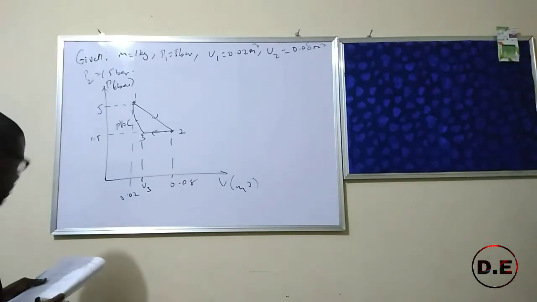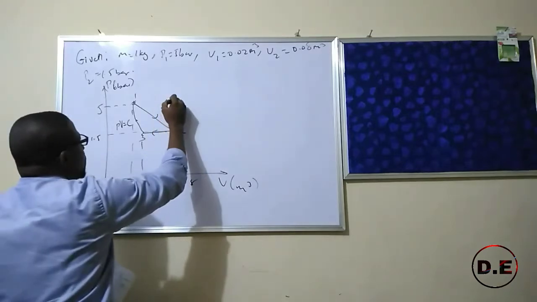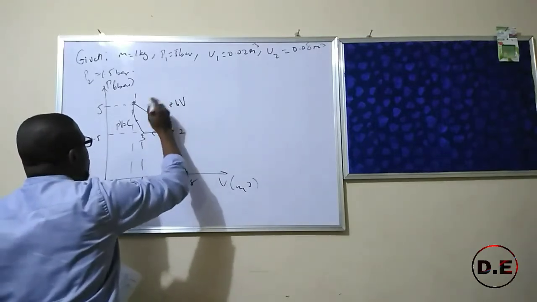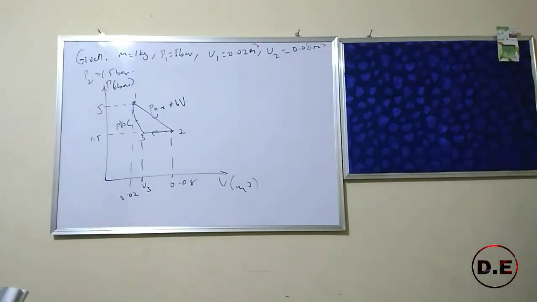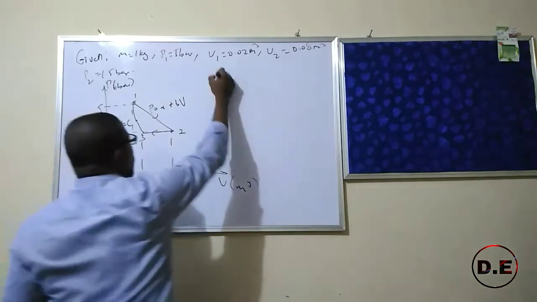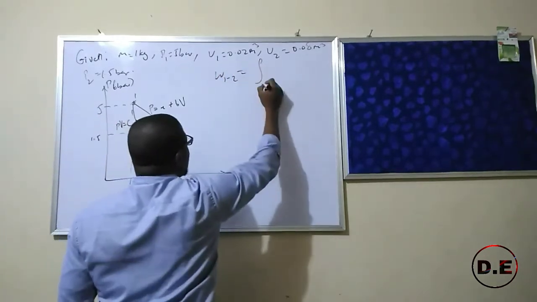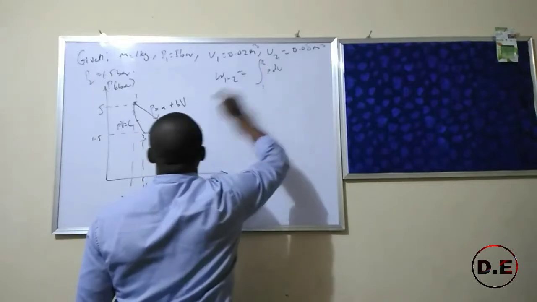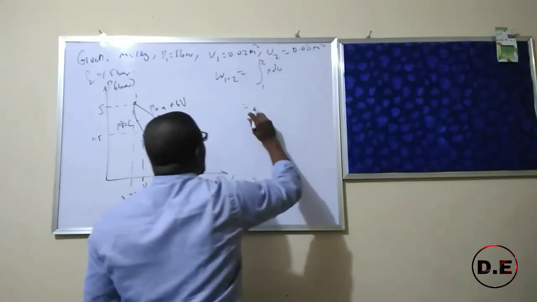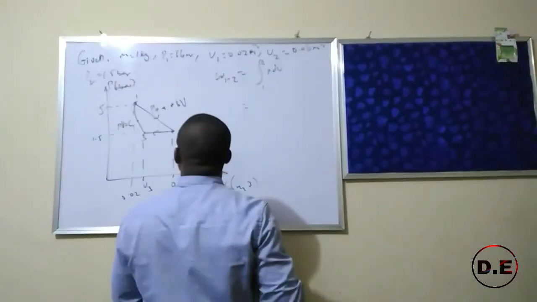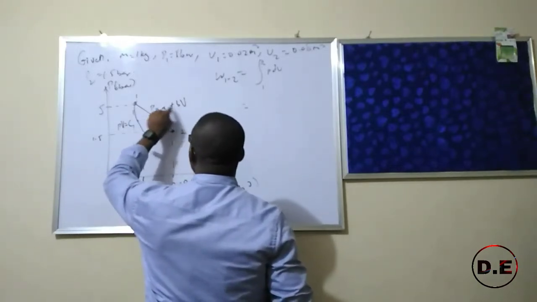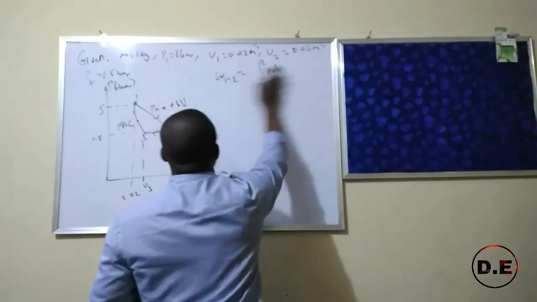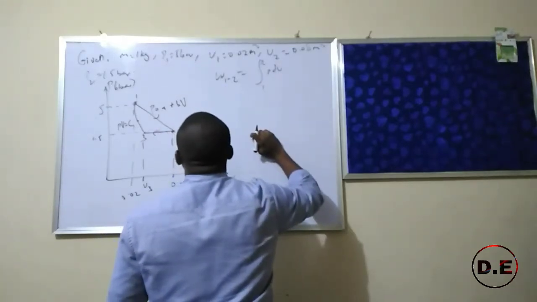With that, remember this is a law of P equal to A plus BV. So let's start from state 1 to 2. We call up our formula for work done, W12 is equal to integral 1 to 2 of P dV. We have to get what the constants A and B are before we can use this.